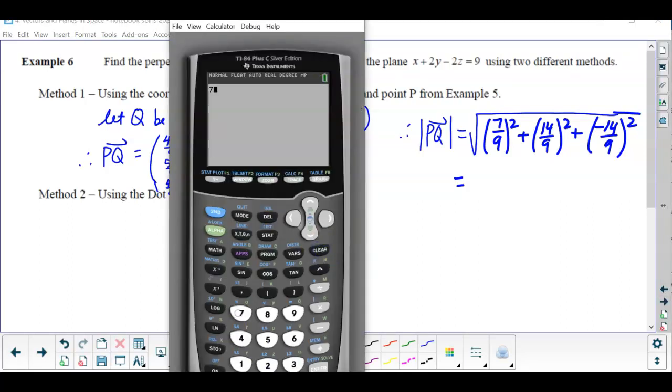So 7 squared plus 2 times 14 squared, and we can simplify.